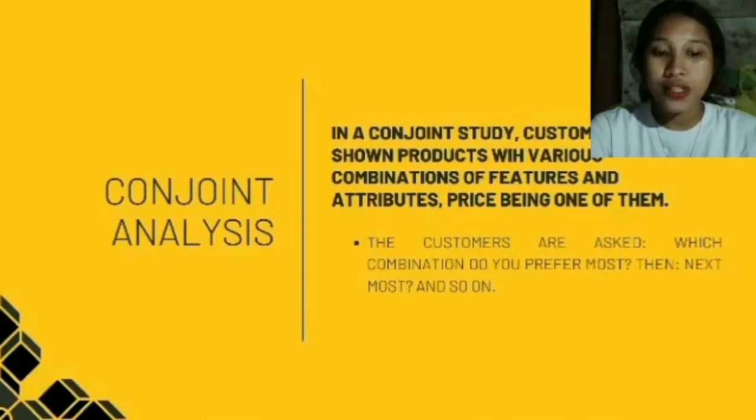It is based on the principle that any product can be broken down into a set of attributes that ultimately impact users' perceived value of an item or service. Conjoint analysis is typically conducted via a specialized survey that asks consumers to rank the importance of the specific features in question.